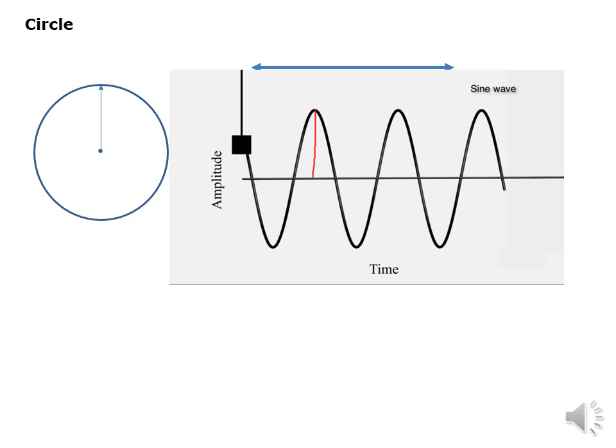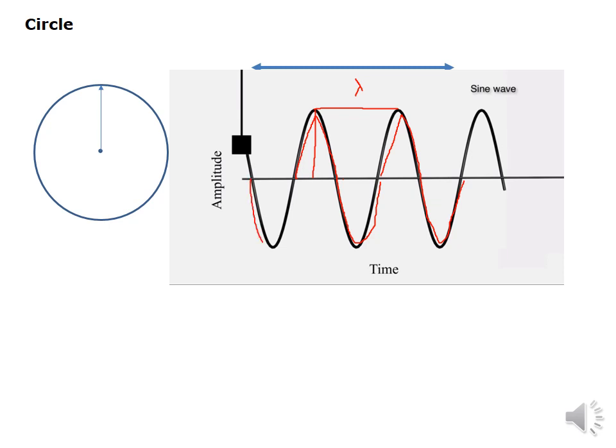And let me clear that now. Okay, so the amplitude is actually the energy or strength of the wave. I'll explain later. From one trough to another, this distance is called lambda.